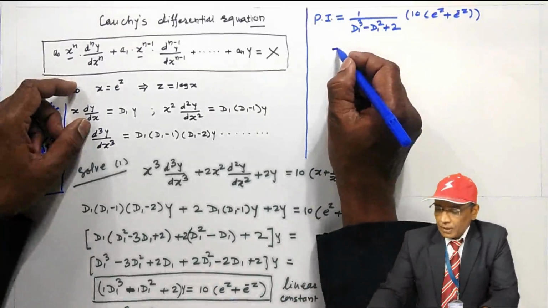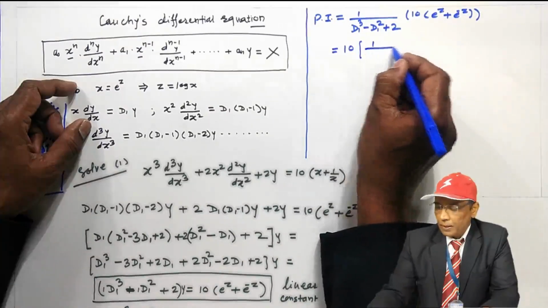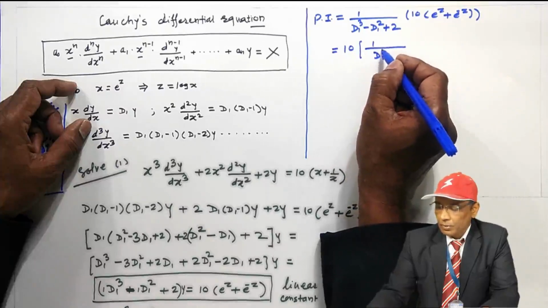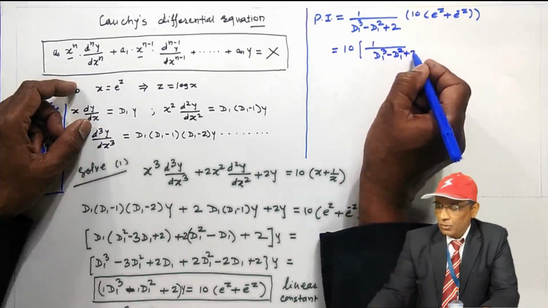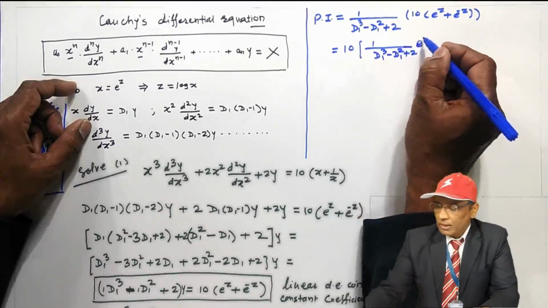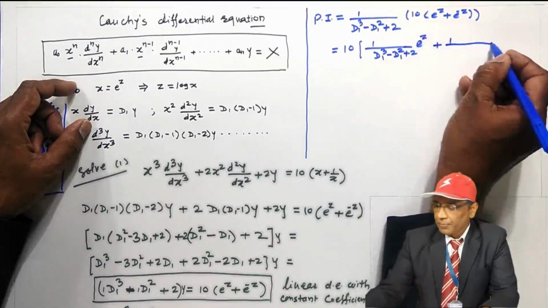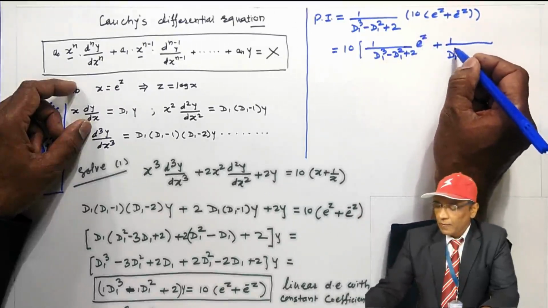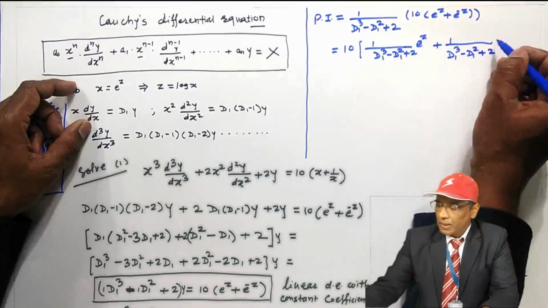Now 10 is outside. I am operating the operator d1 cube minus d1 square plus 2 on e to the power z. There are two terms. On e to the power z I am operating, and the same operator I have to operate on e to the power minus z.